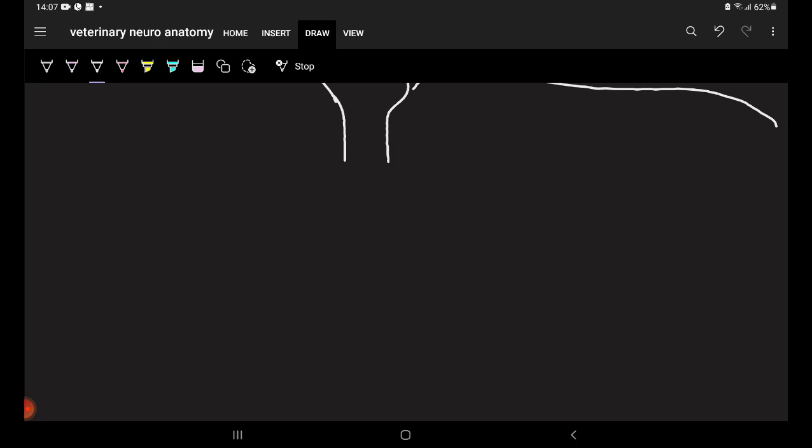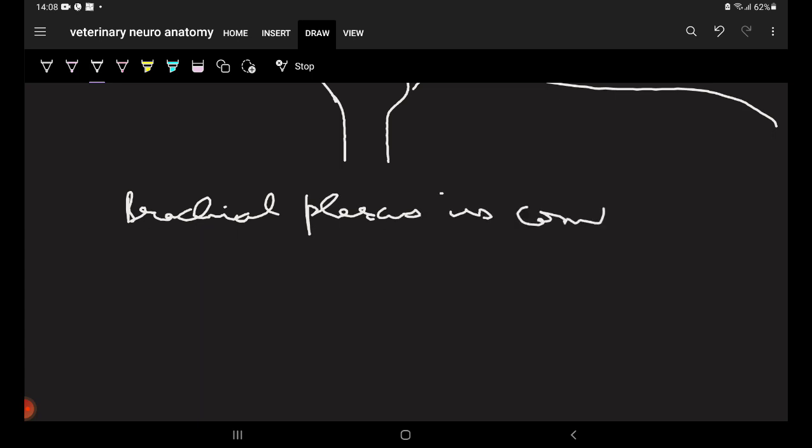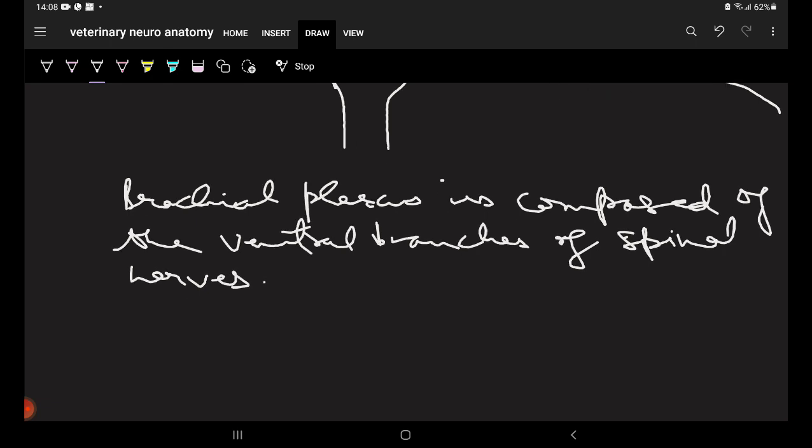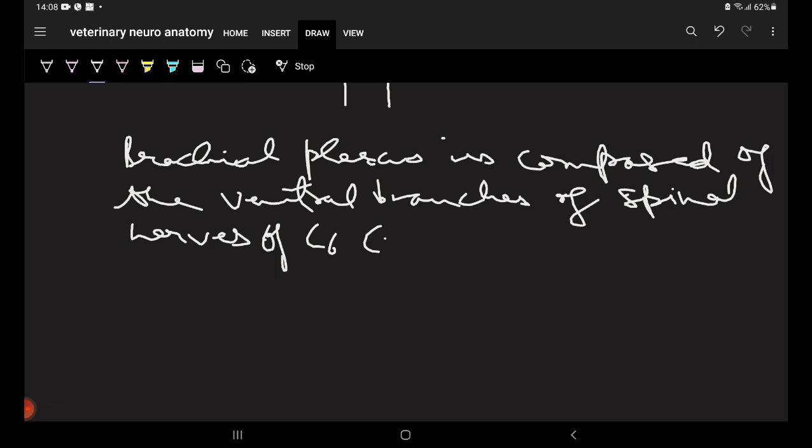It has been given that the brachial plexus is composed of the ventral branches of spinal nerves, okay, of C6, C7, C8 and T1 and T2. So this is the definition given in the book.